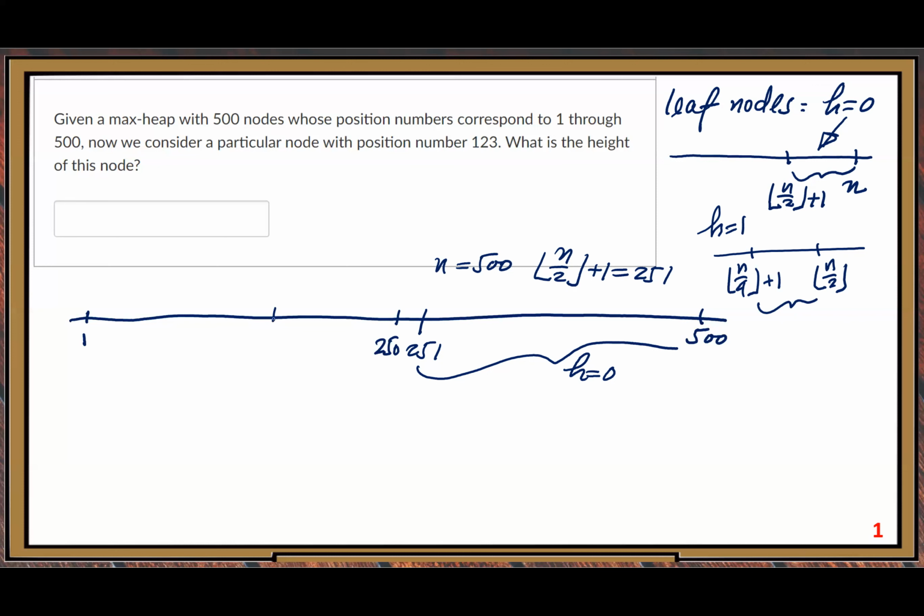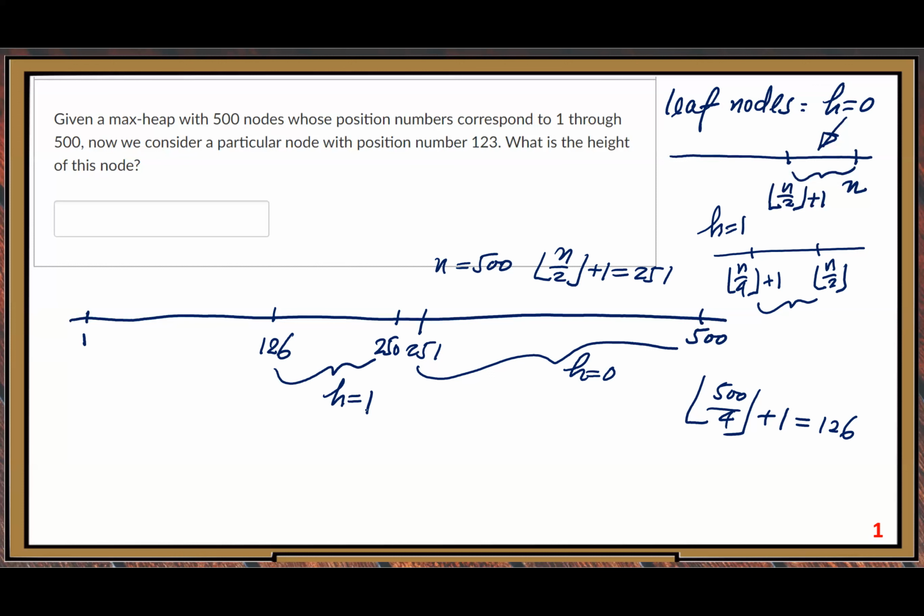Lower bound, 500 over 4 floor function plus 1. 125 plus 1, 126. Okay? So 126. This is for h equal to 1. Okay? Based on our formula, this is the range for h equal to 1. Okay? That calculation.